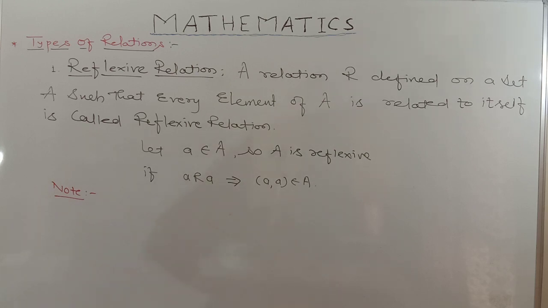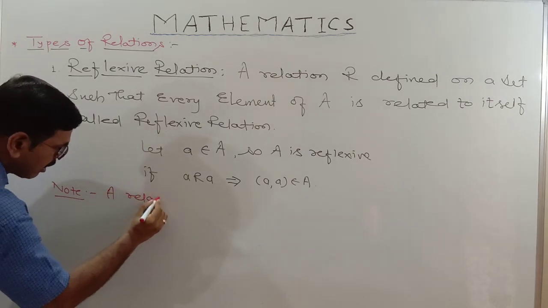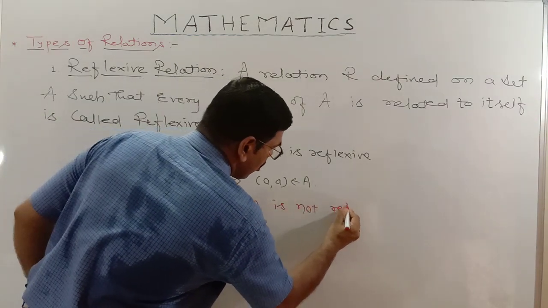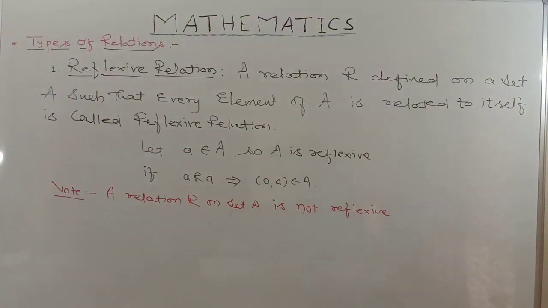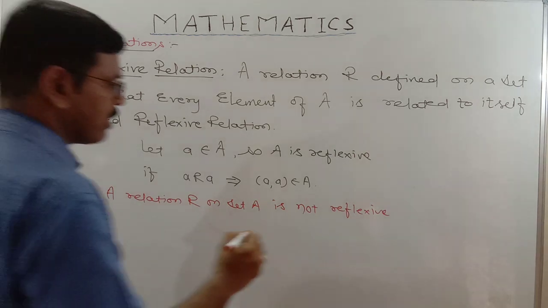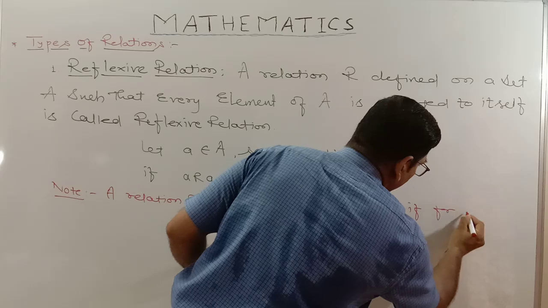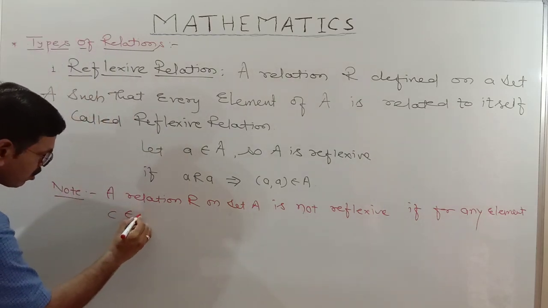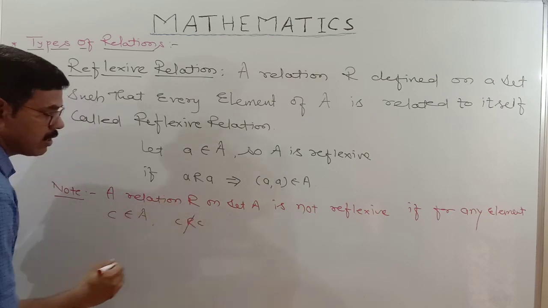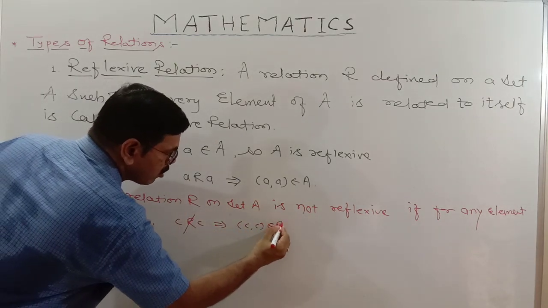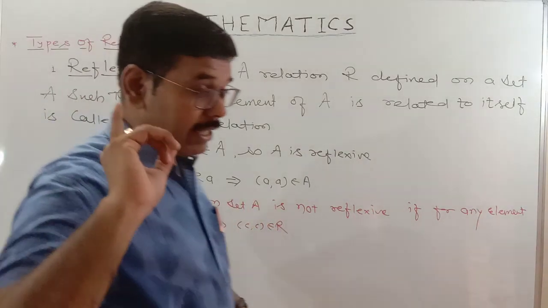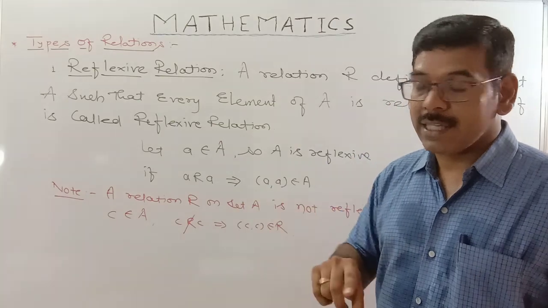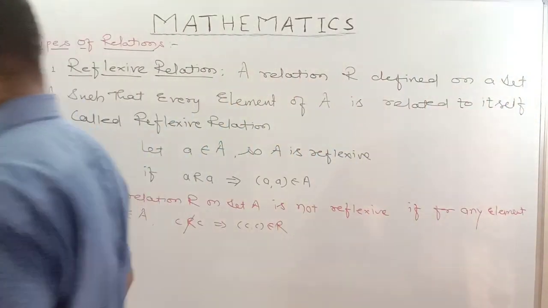A relation R on set A is not reflexive if for any element, suppose c belongs to A, c is not related to c, which implies that (c,c) does not belong to R. Means if for any one element the rule is not containing the same relation, it will not be reflexive. Okay, please note down this.